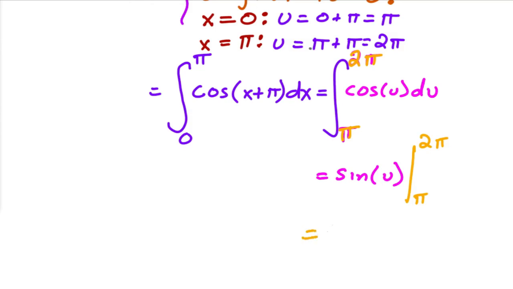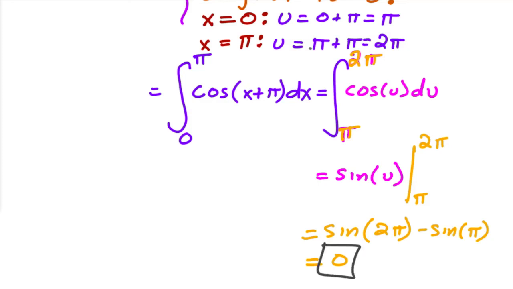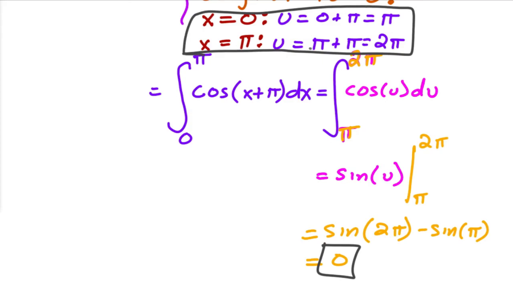Now, notice this seems like more work in the beginning, but typically this part right here, the switching of the limits of integration, you can typically do in your head because they're small values. And so doing this is usually pretty easy.